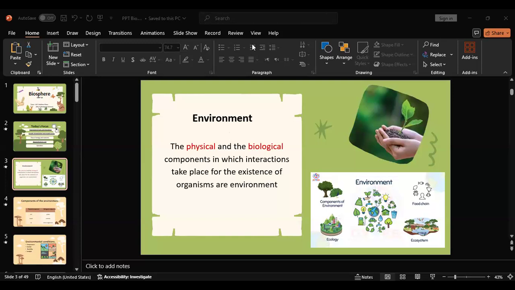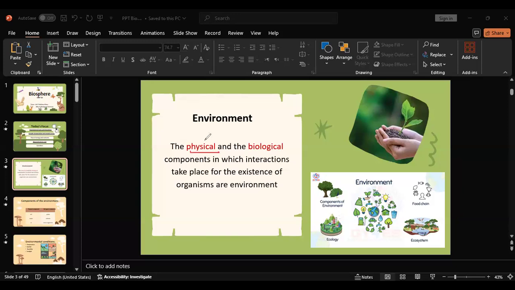The physical and the biological components, in which interaction takes place for the existence of organisms, are the environment.